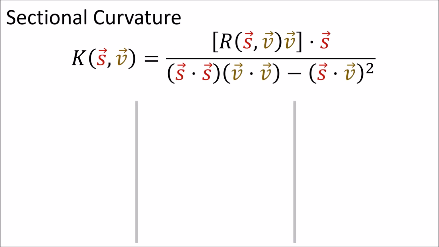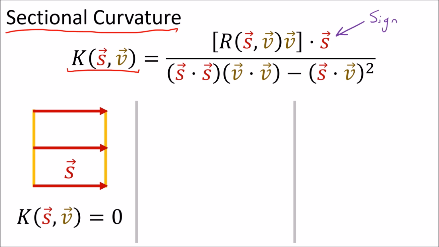And this finally brings us to our definition of the sectional curvature, which we denote by K of S and V. The term in the numerator gives us the sign we need to determine how the geodesics traveling in direction V are either converging or diverging.